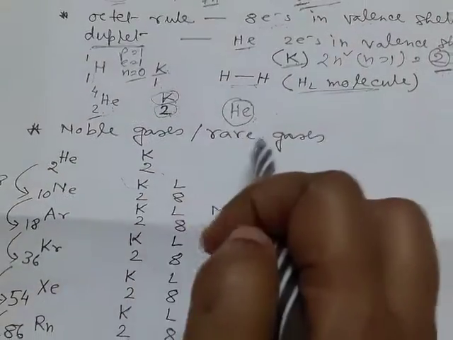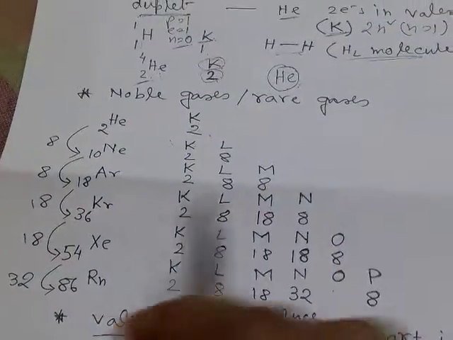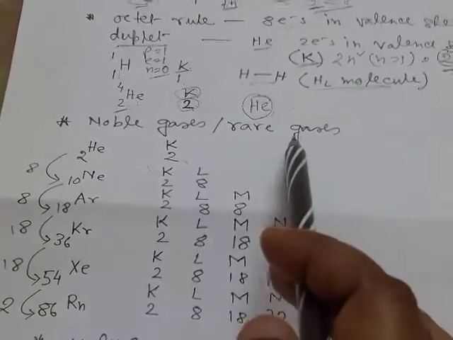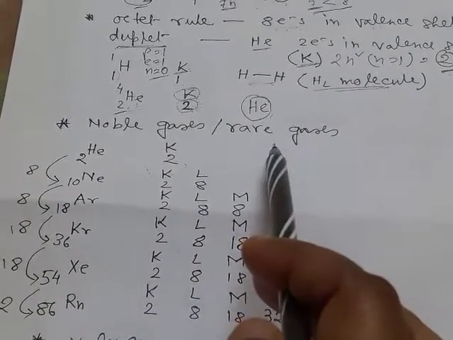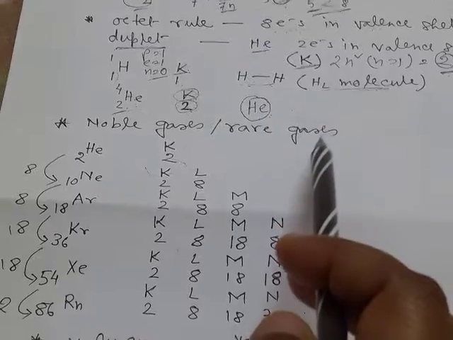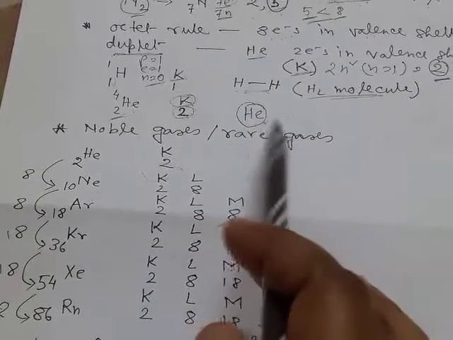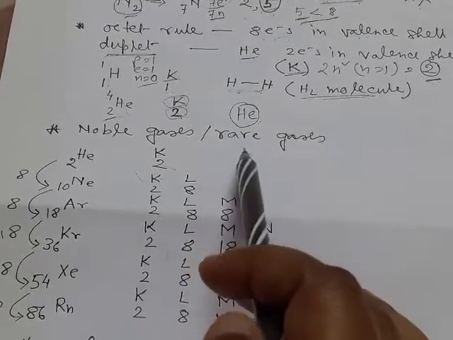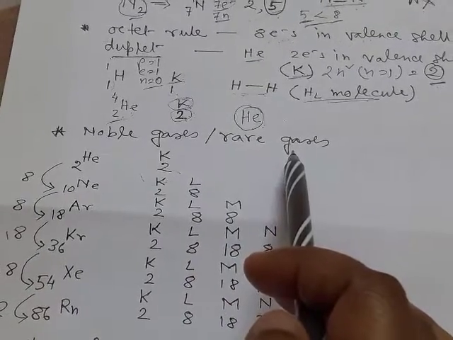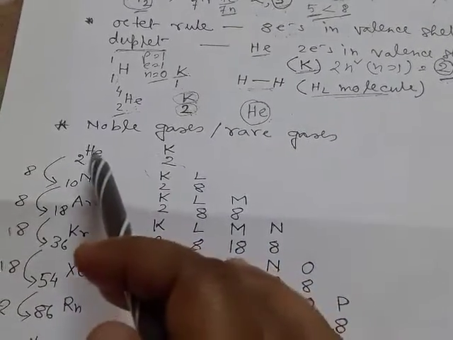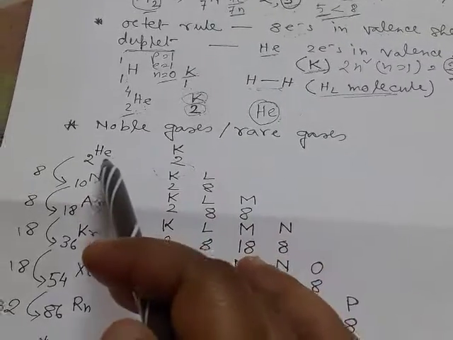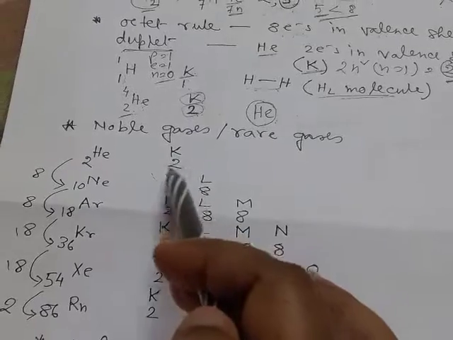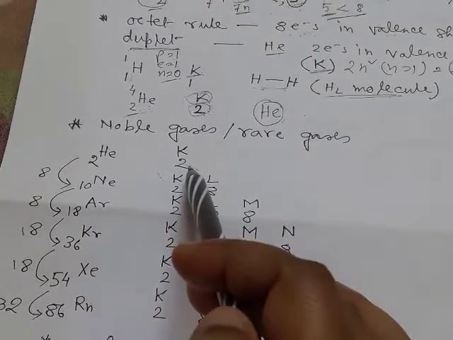Among all the elements, there are 6 noble gases or rare gases which have a complete octet or duplet in their valence shell, so they are unreactive. That is, their chemical reactivity is very poor. They are very stable. For example, helium atomic number is 2, so the 2 electrons are present in the K shell.